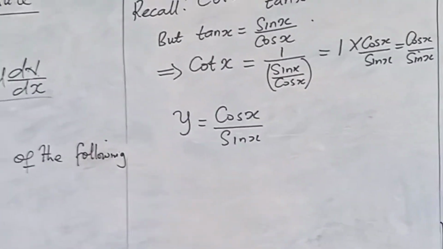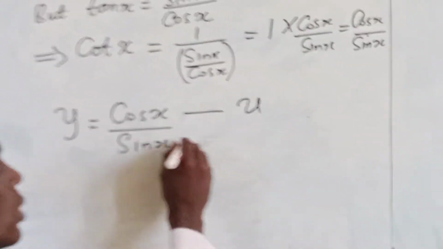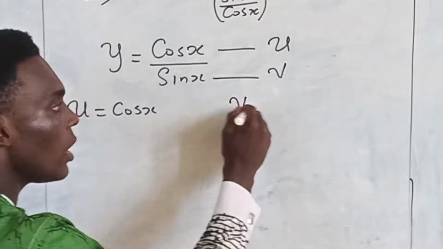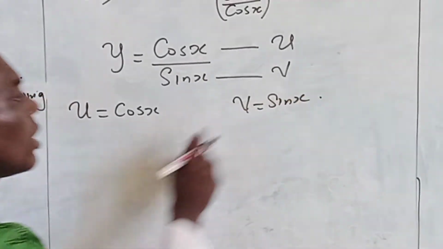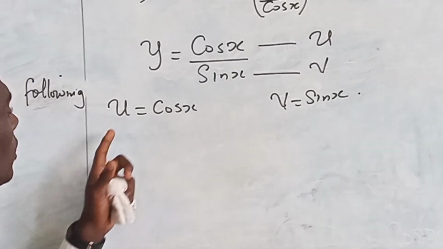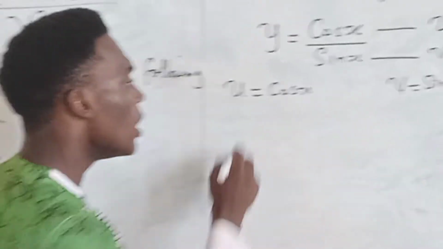which is a quotient rule problem. For the quotient rule, you should select your u: the numerator is the u and the denominator is our v. So we say u equals cos x, then v equals sin x. Now, after selecting the u and the v, the next thing to do is to obtain the derivative of u and the derivative of v.